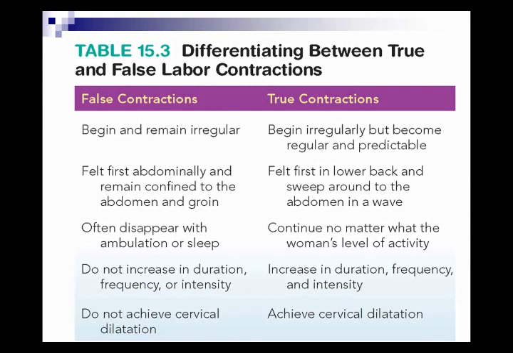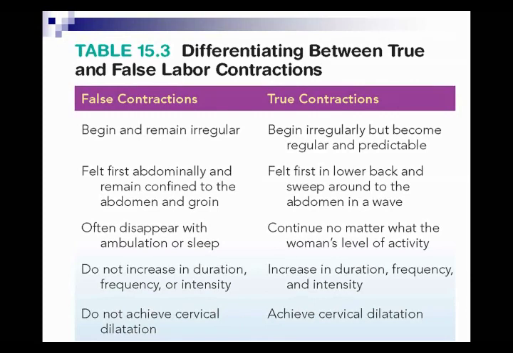The best measure of true labor is progressive dilation and effacement. So if they come in and their contractions are really strong, and we want to make sure, is this false labor or true, you do a vag exam, and then 3 hours later you recheck, and if there's no change, then we know that it's false labor.